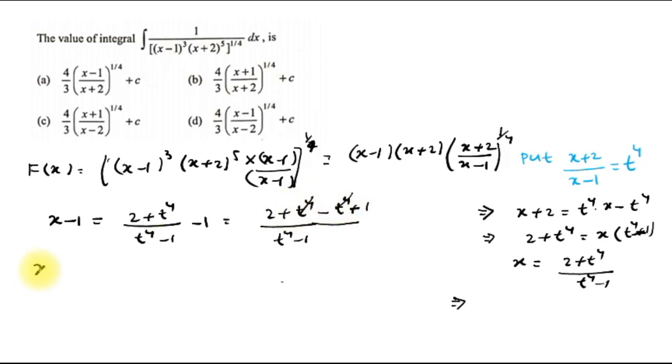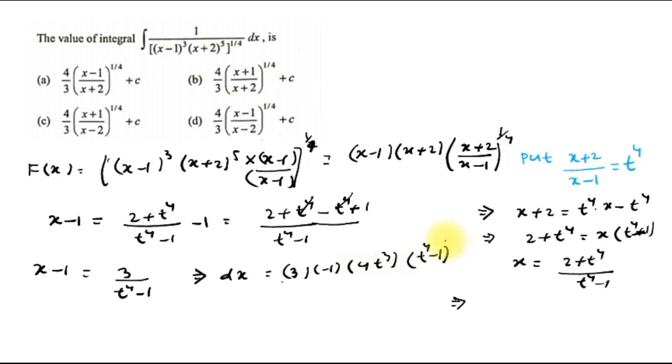So x minus 1 is equal to 3 over (t⁴ minus 1). If we differentiate it, we get dx, and dx is equal to 3 into minus 1 into 4t³ into (t⁴ minus 1) to the power minus 2. So dx becomes minus 12t³ divided by (t⁴ minus 1) to the power 2.